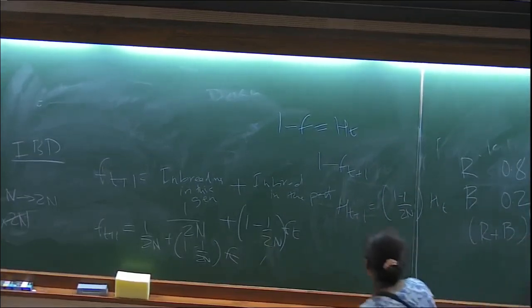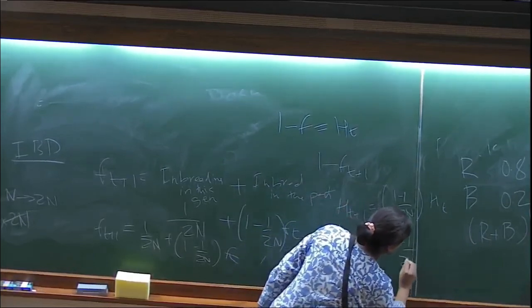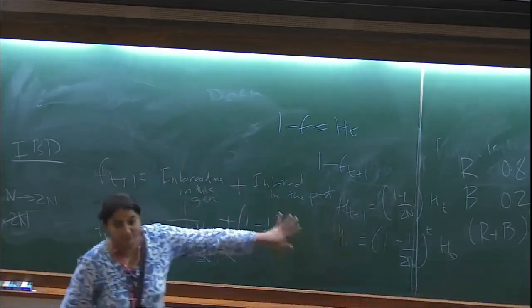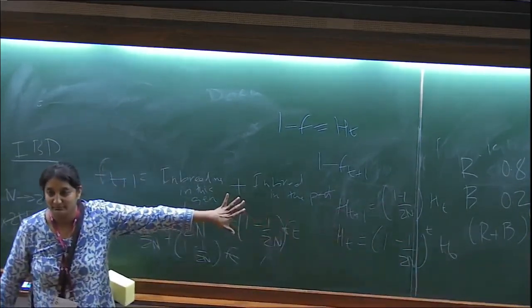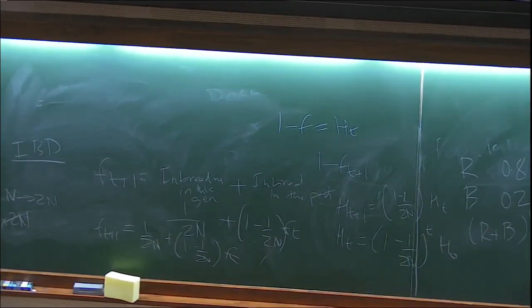So ht is 1 minus 1 by 2n raised to t, times h naught. It's just the same thing. So heterozygosity will always be lost under drift, right? Because ht will always be less than h0. The higher the n, the lower the rate at which heterozygosity will be lost. The lower the n, the higher the rate heterozygosity will be lost.